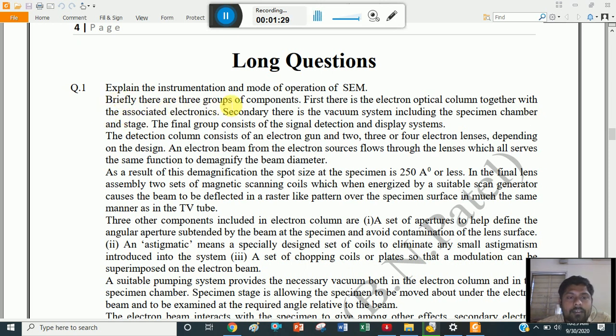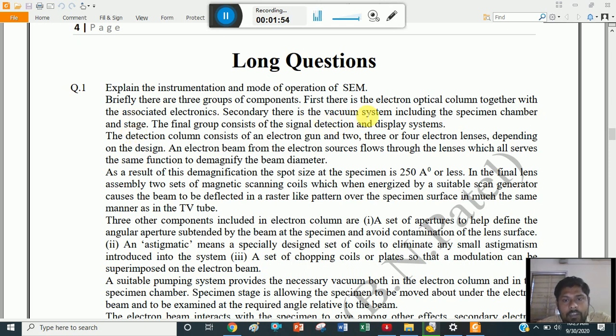Briefly, there are 3 groups of components in the instrumentation of SEM. First, there is the electron optical column, together with the associated electronics. Electronics means the instrumentation part that I use for measuring or converting the signals. Second, there is the vacuum system, including the specimen chamber and stage.